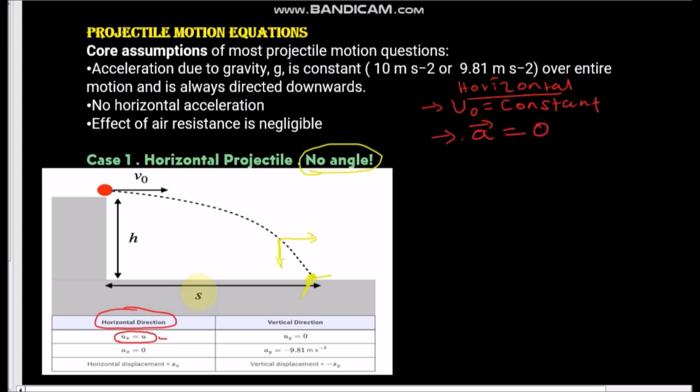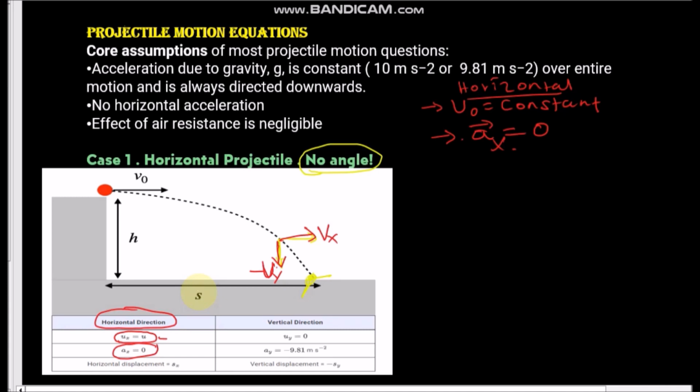We don't have any acceleration. ax across the horizontal is 0, because for the horizontal we have dx, for the vertical we have minus dy.